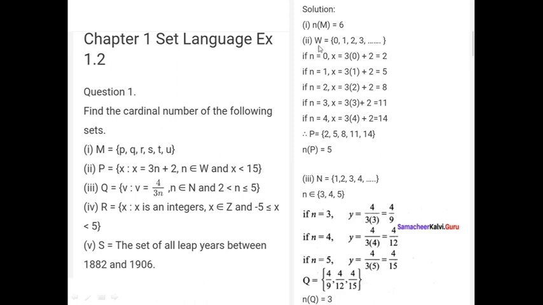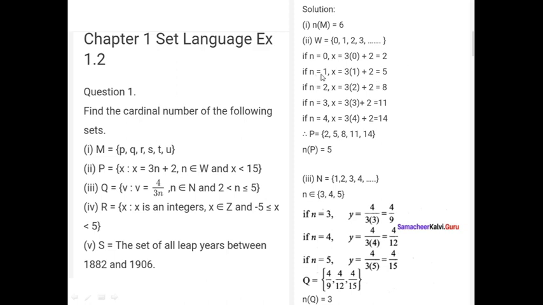Our n values will be 0, 1, 2, 3, etc. and our x value should be less than 15. First, for n equal to 0, find the x value. x is equal to 3n plus 2. In the place of n, you write 0: 3 of 0 plus 2. 3 into 0 is 0, 0 plus 2 is 2. Our first x value is 2, which is less than 15.